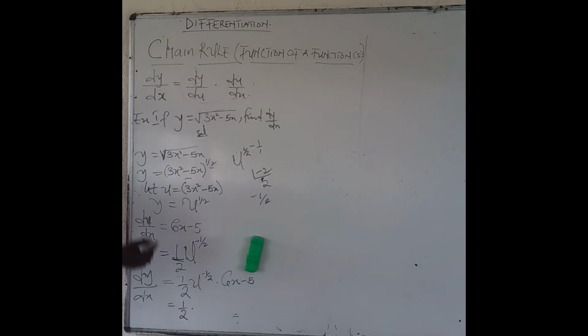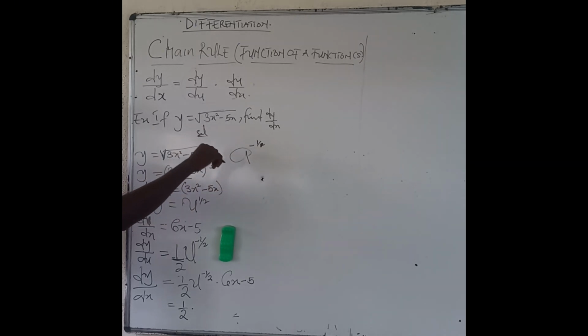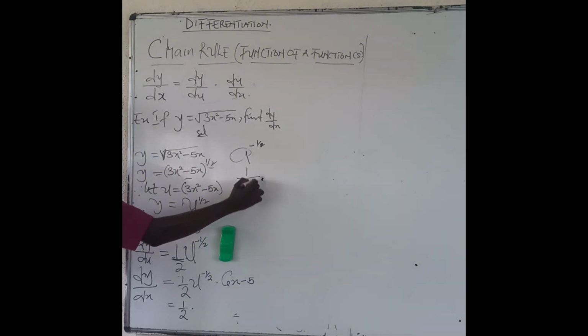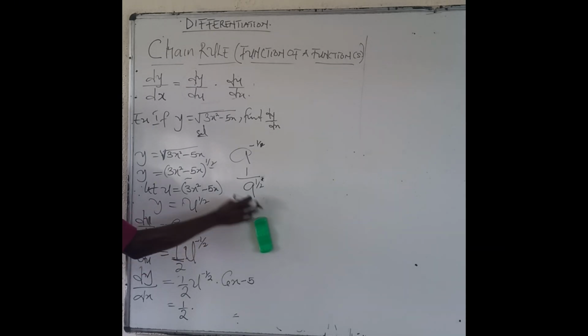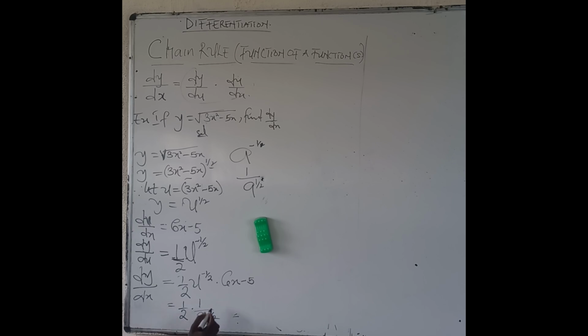Now let me take you back to the law of indices. When you have a raised to the power minus 1 over 2, the minus changes it to 1 over a raised to the power 1 over 2. I think you all know that. So u raised to the power minus 1 over 2 is expressed as 1 over u raised to the power 1 over 2, multiplied by 6s minus 5 over 1.